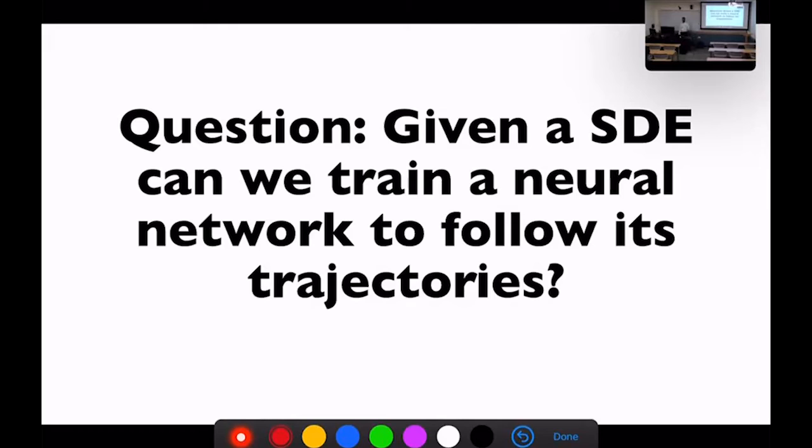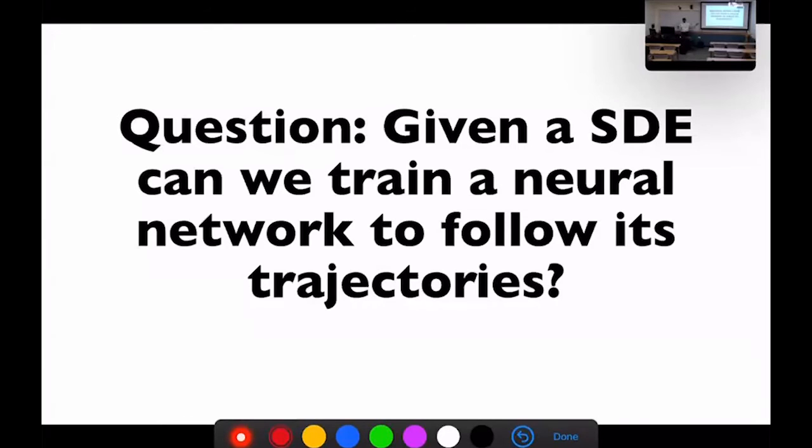In other words, if you know a way that images get corrupted or changed over the course of time, can we inform the neural network about properties of F and G?